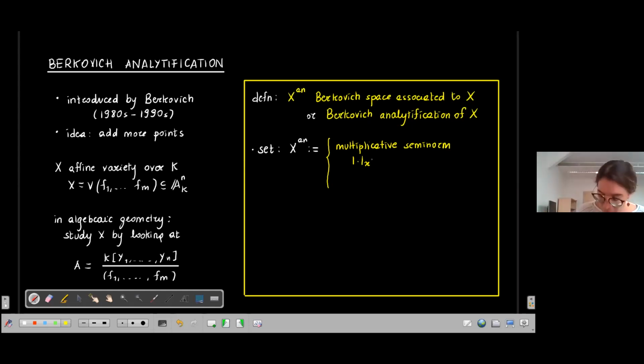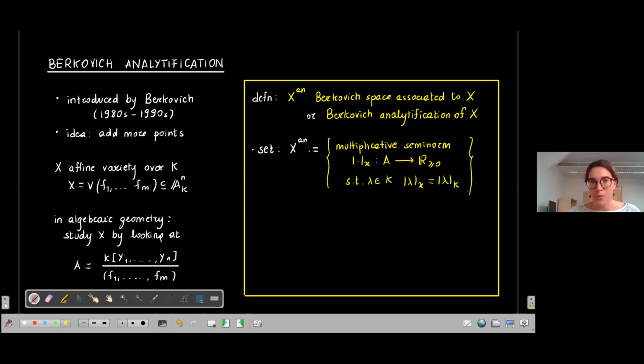So these are multiplicative semi-norms on A, our ring of functions defined over X, that take values in the real positive numbers, with the only condition that when we take an element lambda of our base field K, the norm of lambda with respect to x is equal to the norm of lambda with respect to the field K. So we are looking at multiplicative semi-norms that extend the norm that was already given on K.